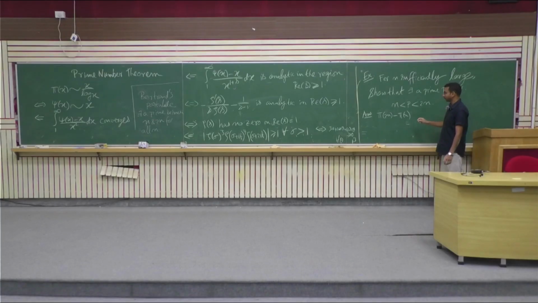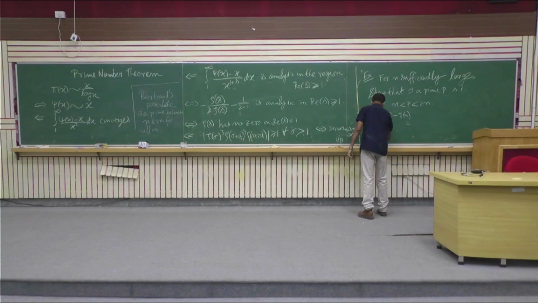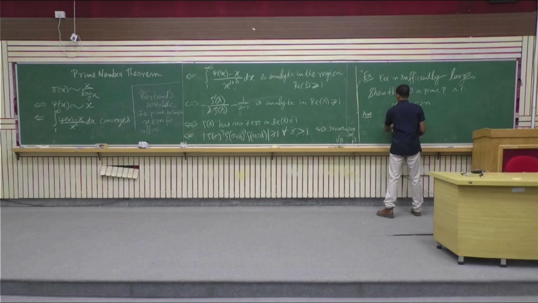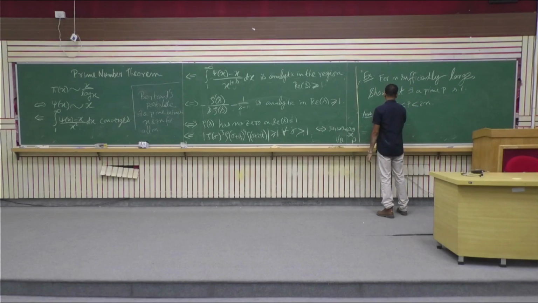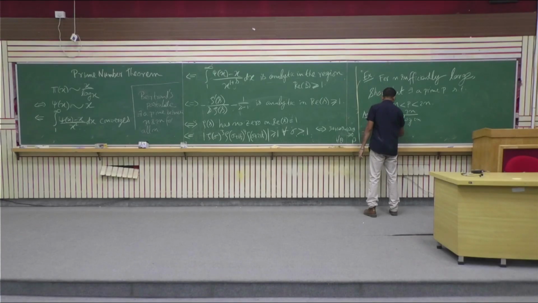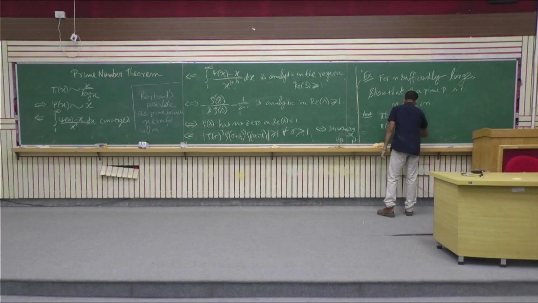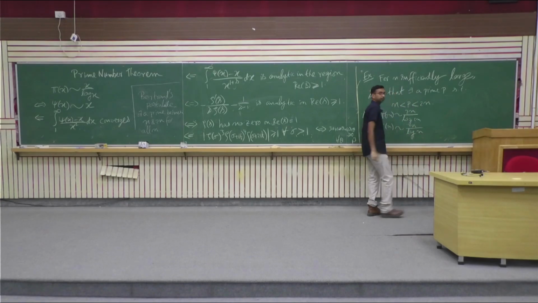I mean, we can. So pi of 2n is asymptotic to 2n by log 2n, and pi of n is asymptotic to n by log n, right?